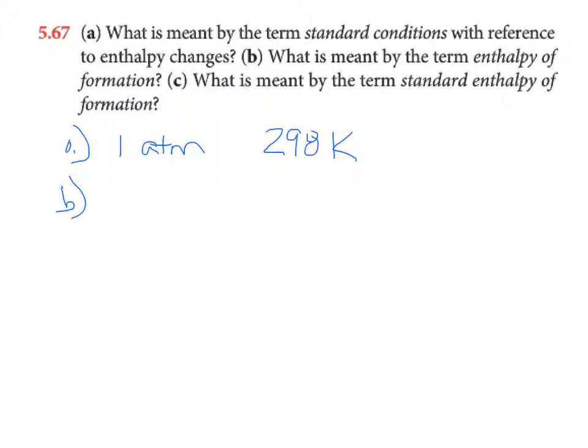If I was going to form carbon dioxide, what do I need to form it from? Carbon and oxygen. So if carbon dioxide is a compound, what are carbon and oxygen? Even more generally, carbon is a blank, oxygen's a blank, nitrogen's another one, sodium's one. Elements, right? Things we find on the periodic table. You've been in chemistry class for like 9 weeks, right? So carbon's an element, oxygen's an element. So when we talked about the enthalpy of formation, we're really talking about the enthalpy involved in forming a substance from its constituent elements.